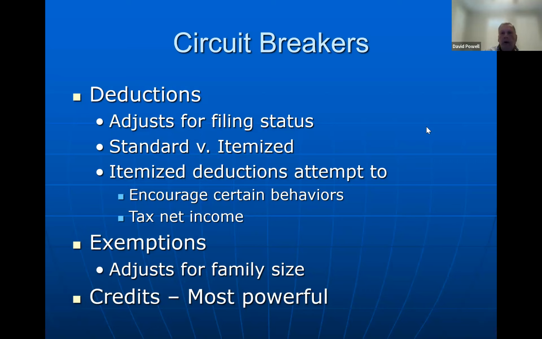So if your adjusted gross income is $100,000 and you have $30,000 in itemized deductions, then your adjusted gross income for the purpose of taxation will be reduced to $70,000. And then you'll calculate your tax liability by multiplying your prevailing tax rate by that $70,000, which will give you your tax liability.